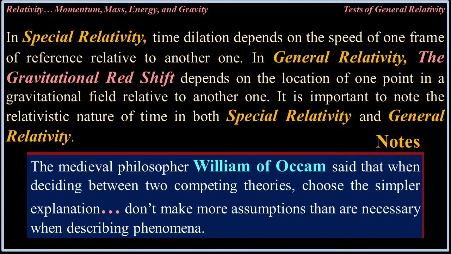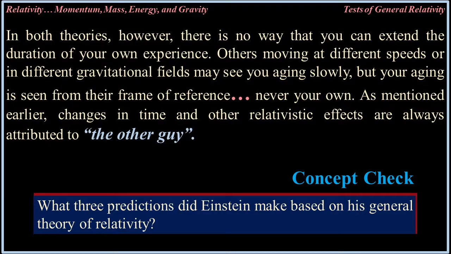Notes: The medieval philosopher William of Ockham said that when deciding between two competing theories, choose the simpler explanation. Don't make more assumptions than are necessary when describing phenomena. In both theories, however, there is no way that you can extend the duration of your own experience.